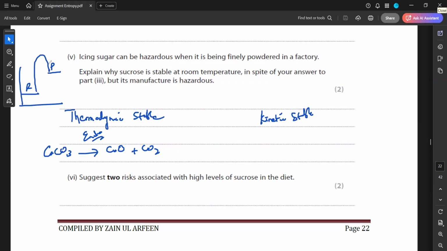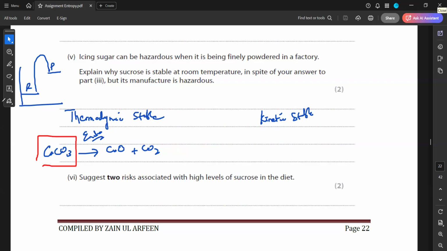So which is more stable thermodynamically? The one with less energy. So the calcium carbonate will be thermodynamically stable. In an energy profile diagram, the one which holds less energy is called thermodynamically stable.